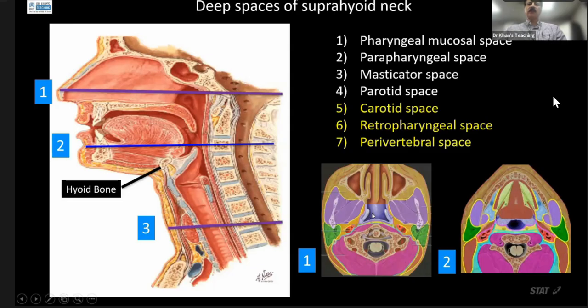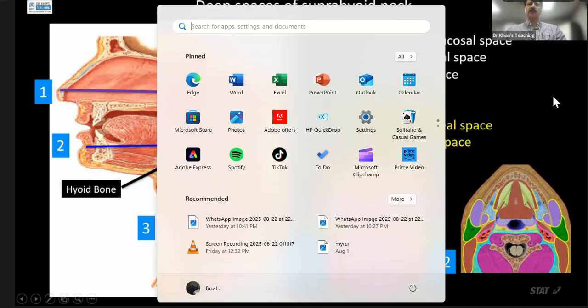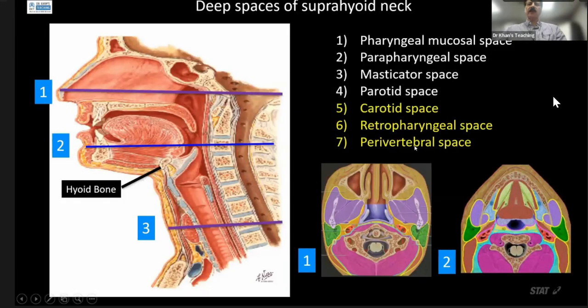And you can see various spaces here: pharyngeal mucosal space, parapharyngeal space, masticator space, parotid space, retropharyngeal space, perivertebral space. These 3 spaces, which are in yellow color, will continue in the infrahyoid neck also. So remember that they go in the infrahyoid neck.